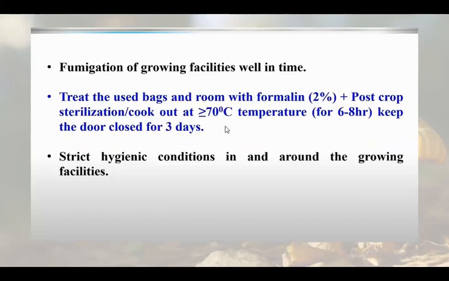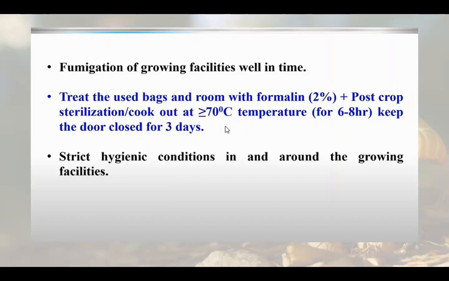Fumigation is nothing but adding some chemicals which will produce some gas, and that is a kind of sterilization of the rooms before starting the mushroom production, and treat the used bags and rooms with formalin. Formalin is also a kind of sterilization. And post-crop sterilization or cook-out at more than 70 degrees centigrade temperature.